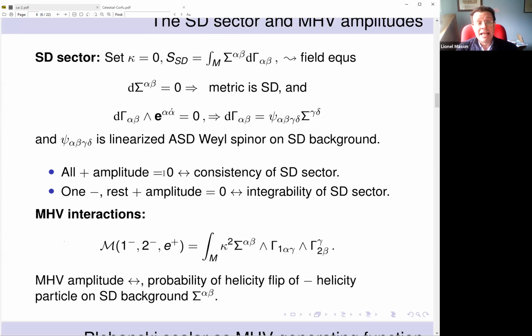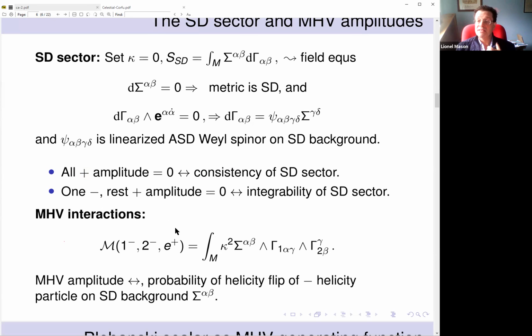In that theory, there is a non-trivial inner product between two different plus amplitudes, and so you can start talking about the quantization of the self-dual sector. But that's not the Einstein-Hilbert action. That's some different action.